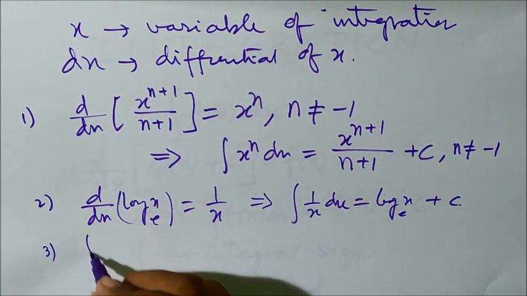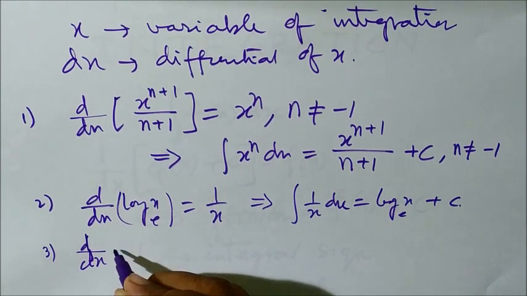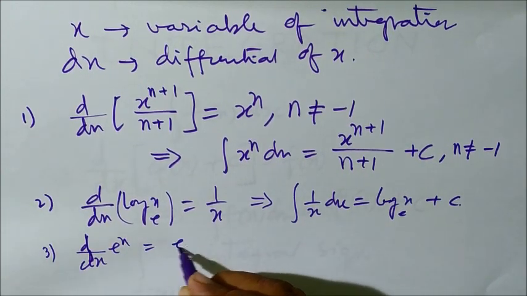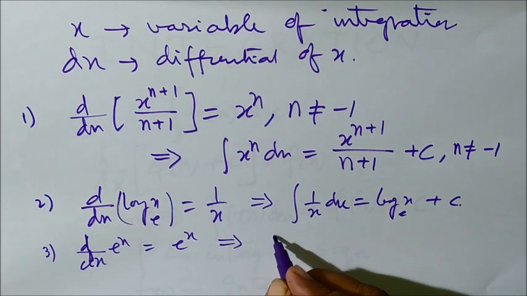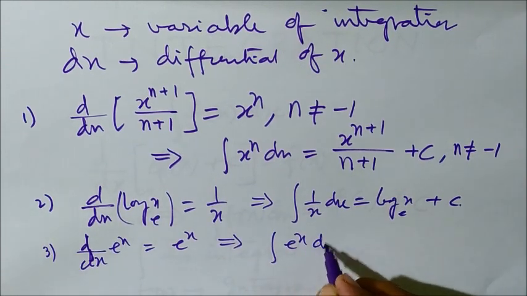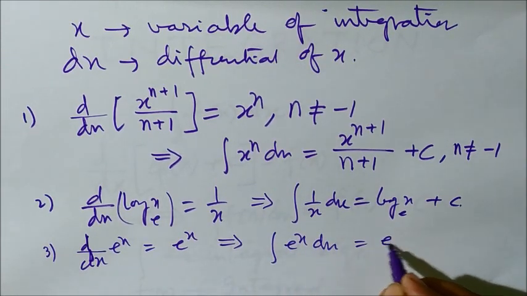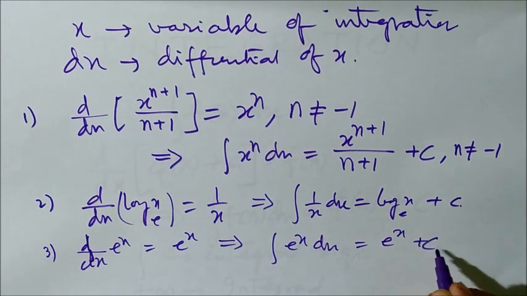Third, d by dx of e to the power x equals e to the power x. This implies integral of e to the power x dx equals e to the power x plus c.